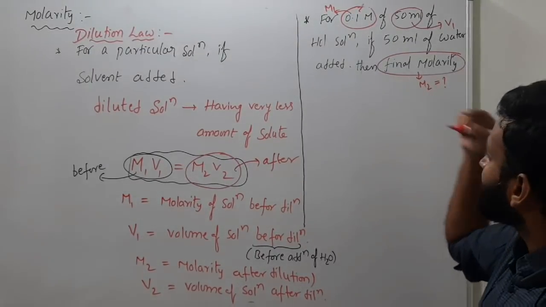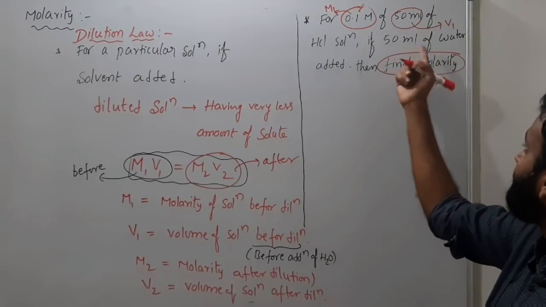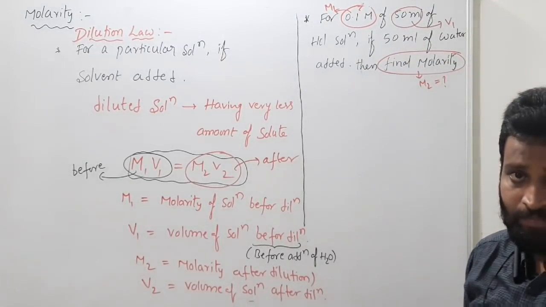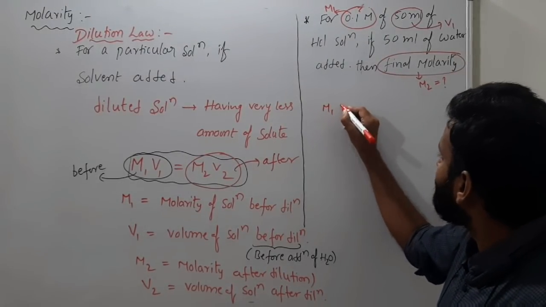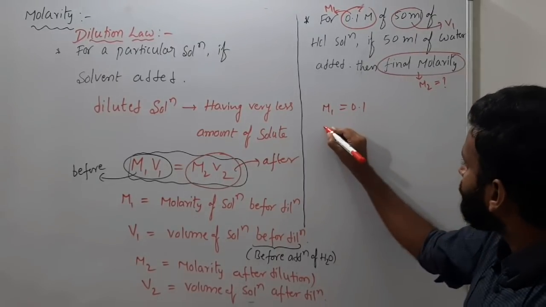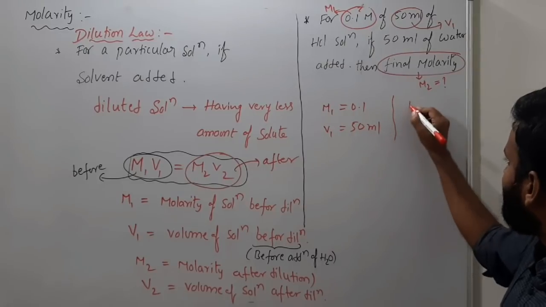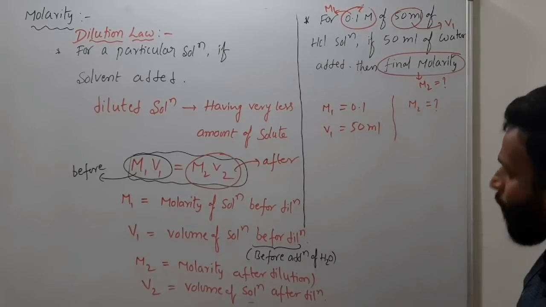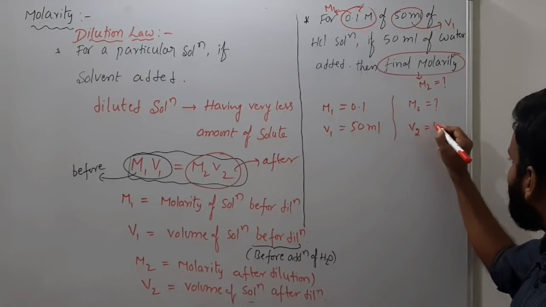So what is the final volume? Definitely 50 ml initial, and 50 ml excess water was added. So M1 is 0.1 and V1 is 50 ml and M2 I don't know and V2 will become 100 ml.